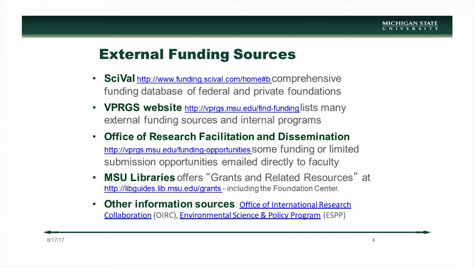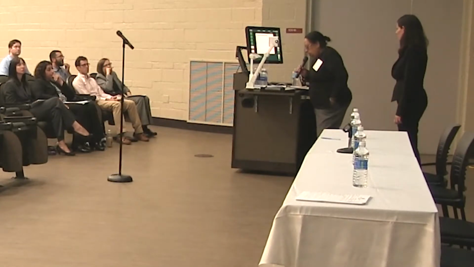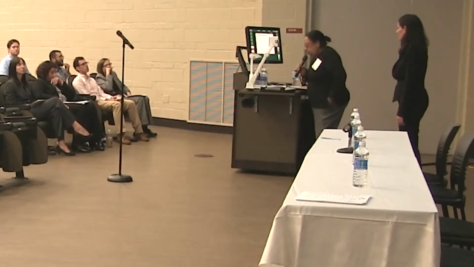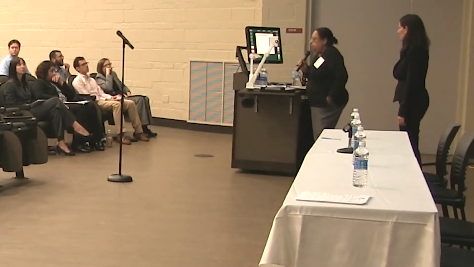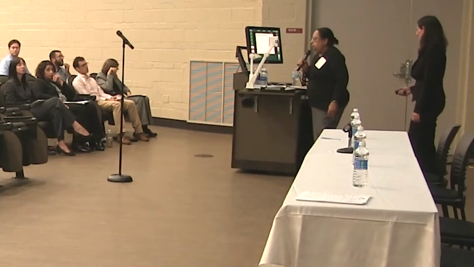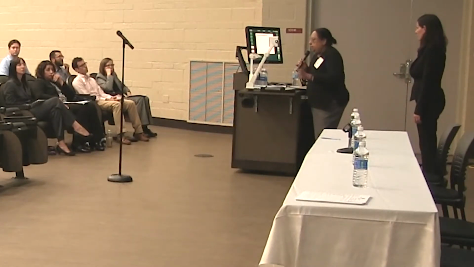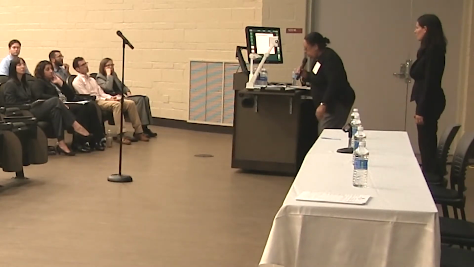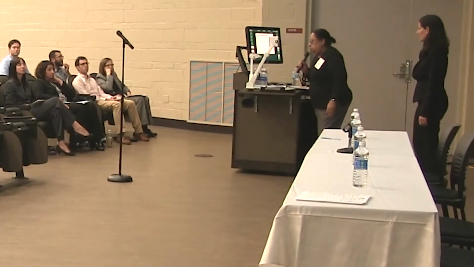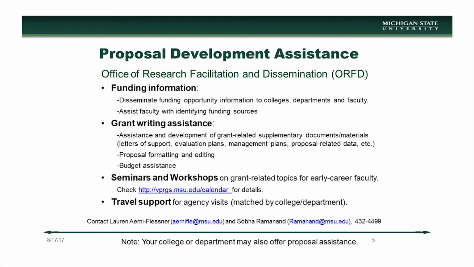The Office of International Research and Collaboration also has funding resources available, as does the Environmental Science and Policy Program. You have to subscribe to the listserv, and they will send you international programs as well as environmental grant funding resources.